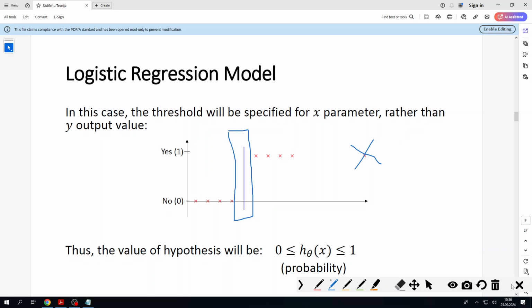Well, that of course means that we need another hypothesis, a new hypothesis, in this case called logistic regression. Yes. Now, logistic basically is a term from probability theory. Yes. So I already mentioned yesterday for one of the groups that we will have different kinds of distributions, like normal distribution, like Pareto distribution or uniform distribution, and one of the possible distributions is actually a logistic distribution, which is very similar to normal distribution.